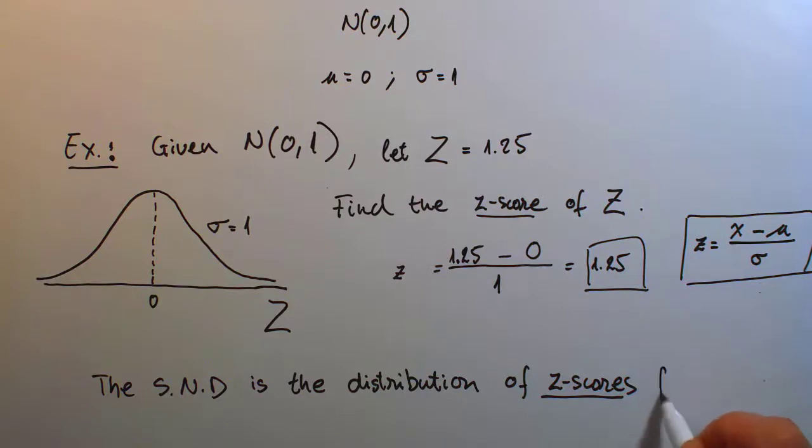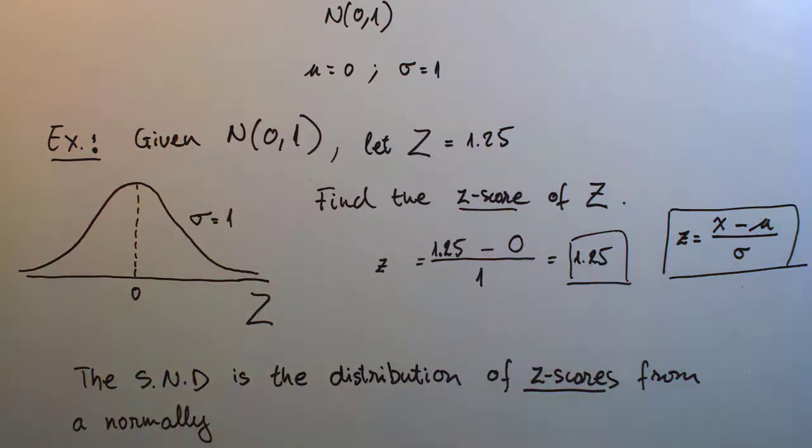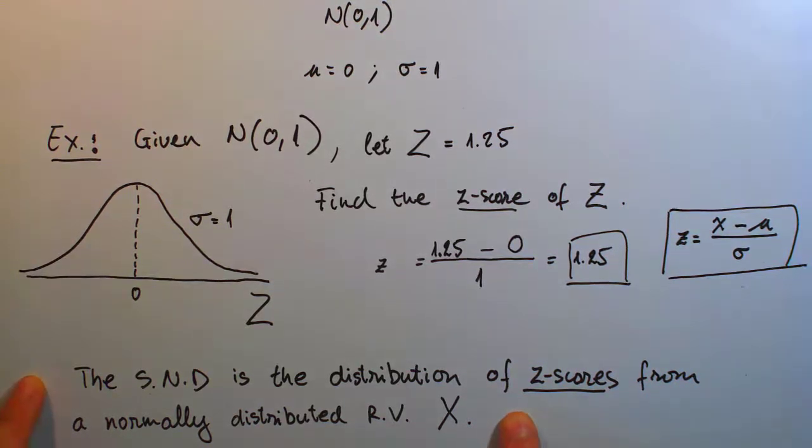Of z score from a normally distributed random variable x. And let me spend a little bit of time explaining what those statements mean right here. But it's just simply, for now, another way of understanding where the standard normal distribution come from, and what was that beginning motivation of why we have that development of the standard normal distribution.